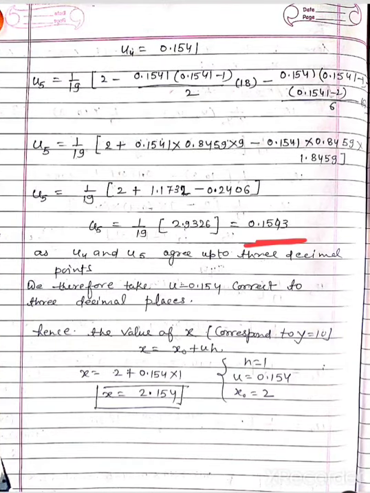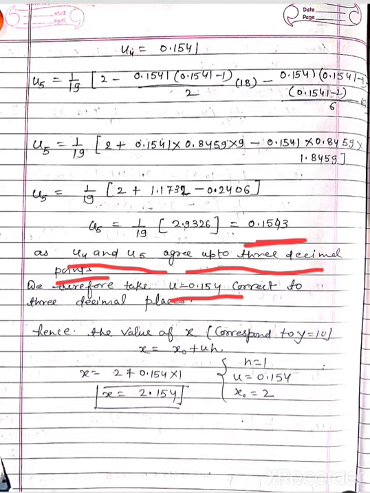We therefore take u equals 0.154, correct to 3 decimal places as asked in the question.